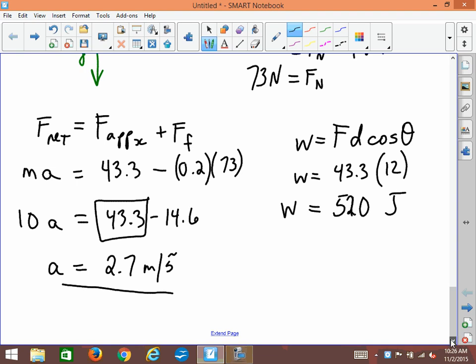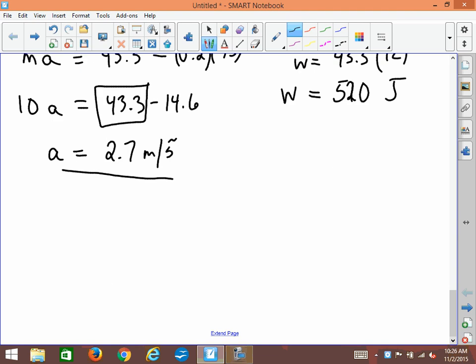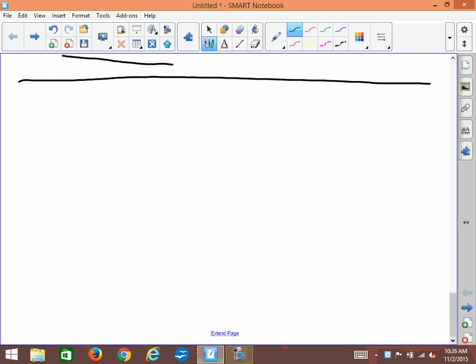Okay, and so that's basically how we calculate work when we're talking about forces and distances. However, I will also mention that that's not the only way to view calculating work. You can also look at work as a change in energy, right? And so that change of energy could be a change of EK, kinetic energy.